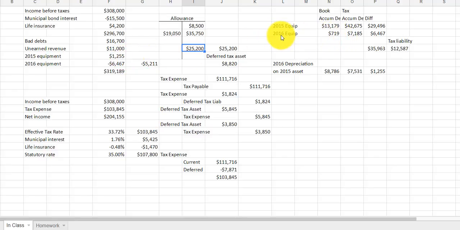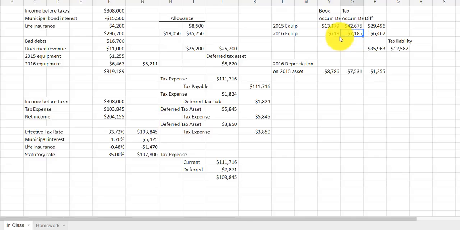So let's first do a little bit backwards and do this 2016 equipment first. For our income statement, or our book depreciation, we're just going to take 7185 divided by 5 divided by 2 for half a year convention and get 719 depreciation on the income statement.